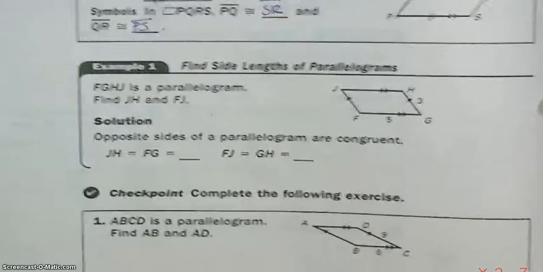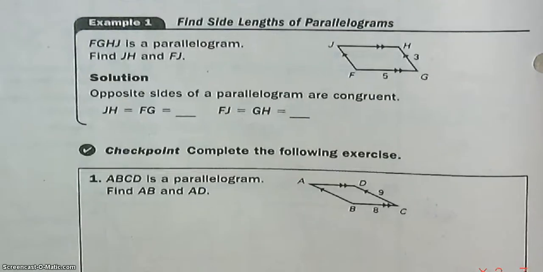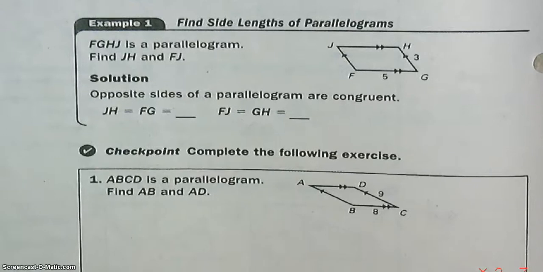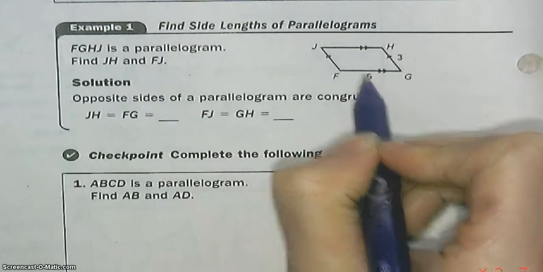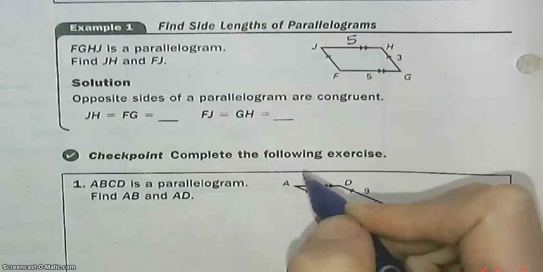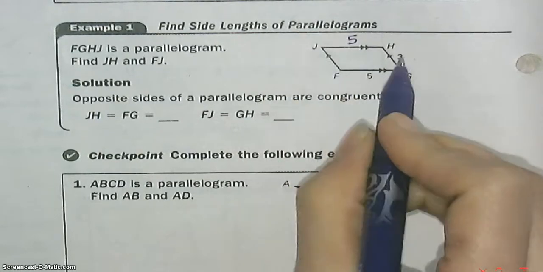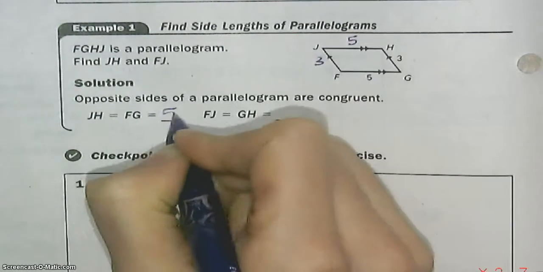So now we're going to use what we just learned to do this example. We just learned that the opposite sides are equal. So what's opposite of 5? Over here. So this is 5 if opposite sides are equal. And this is opposite of 3. So GH is 5.